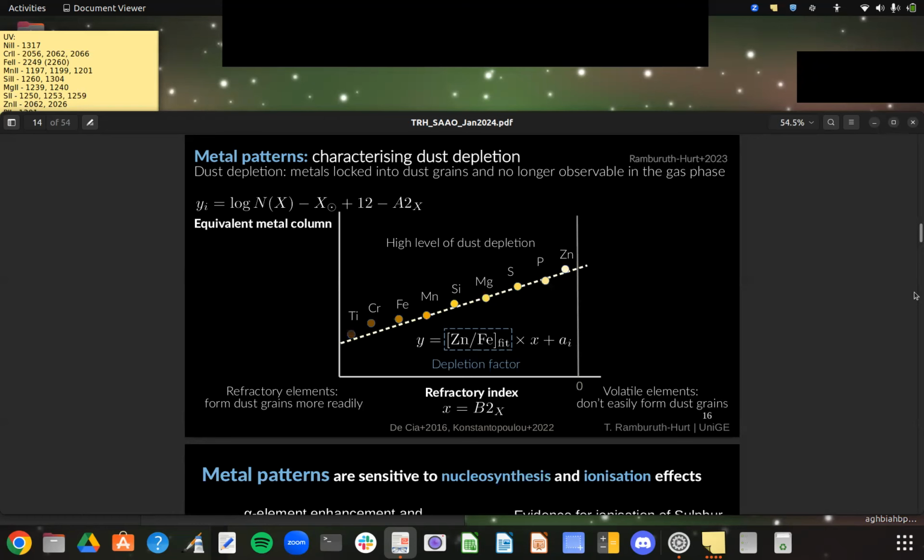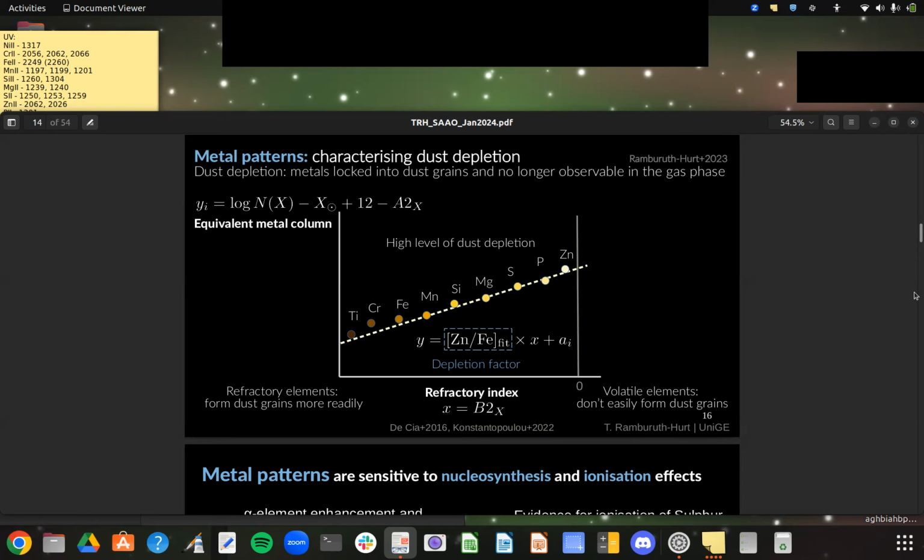But if we have a system with a higher level of dust depletion, the refractory metals become locked into dust grains and we lose them from the gas phase. And so we can fit a straight line again to this, and the depletion factor would be greater than 0. So in this case, we have high depletion because we have a higher slope, or a larger value for the slope.